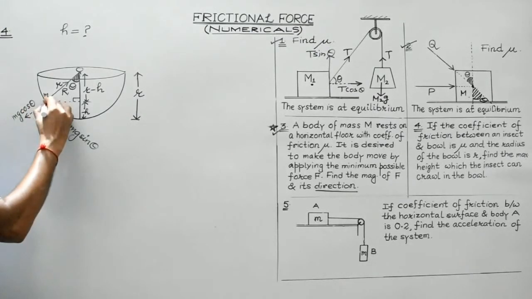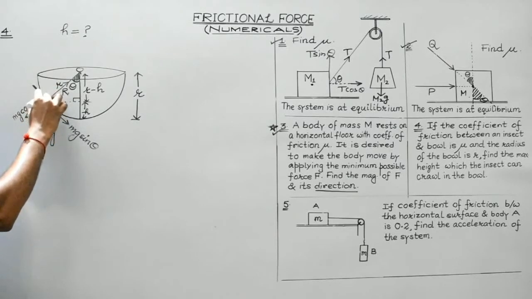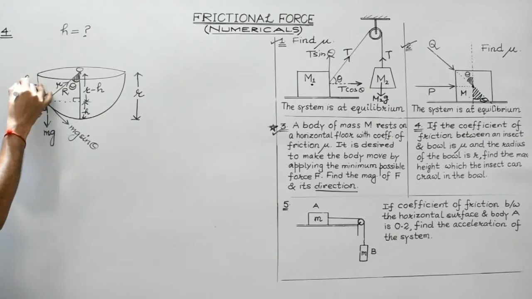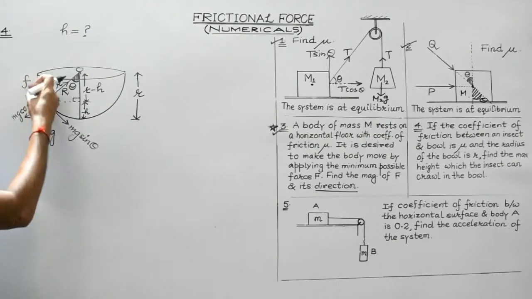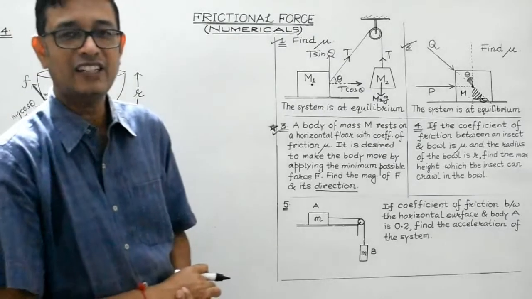But the force of friction will act in the opposite direction. This is the force of friction, which acts tangentially, that is parallel to the surfaces in contact, and in a direction opposite to which the body tends to move. The insect will tend to slide along this direction, so the force of friction will act along the opposite direction, right?